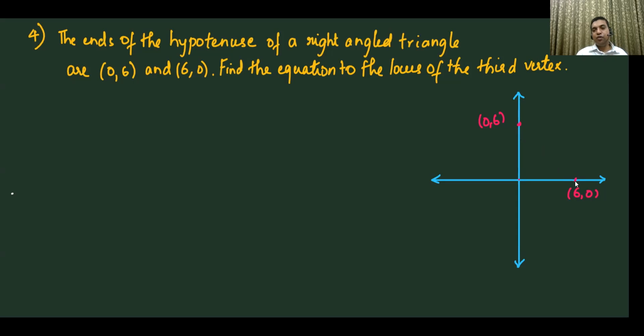So this is 6 comma 0. Let's say this is point A, and 0 comma 6, this is point B, and let P h comma k be any point here.